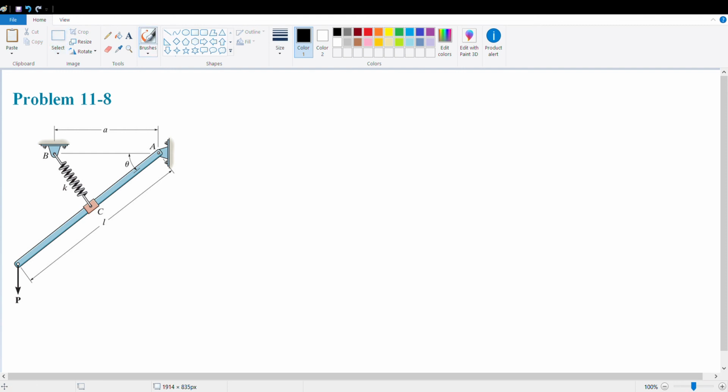So we draw here just a bar, the angle theta.